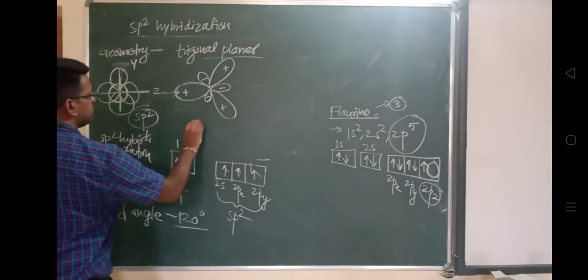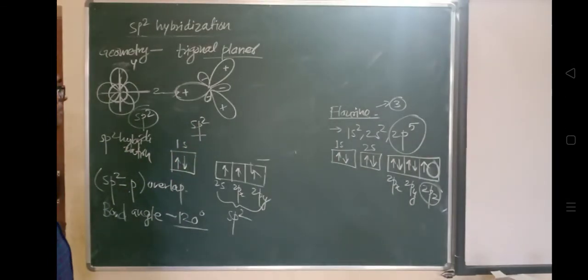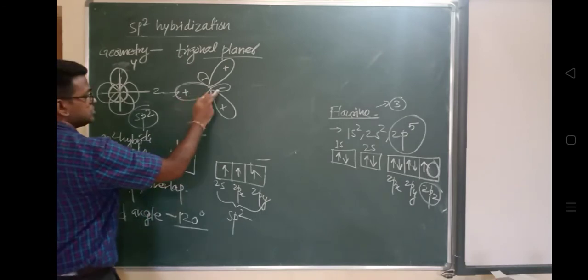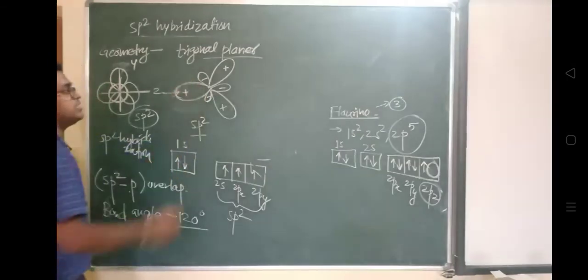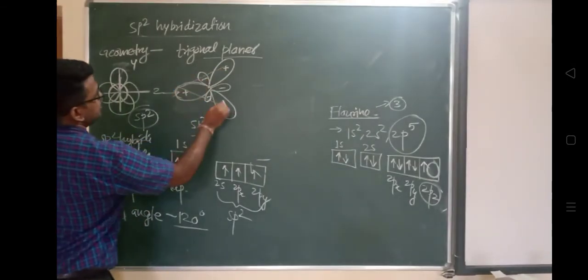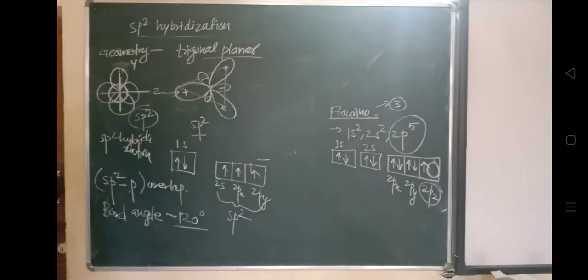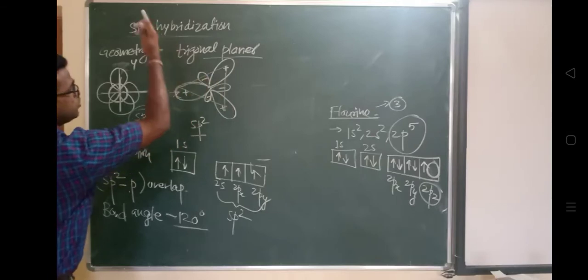So this is the bond between sp2 and p orbitals, right? Because in the fluorine atom, where is the last electron vacant? It is vacant in 2pz. 2pz vacant means it is a p orbital. So the p orbital of the fluorine atom will form a bond with the sp2 hybridization.